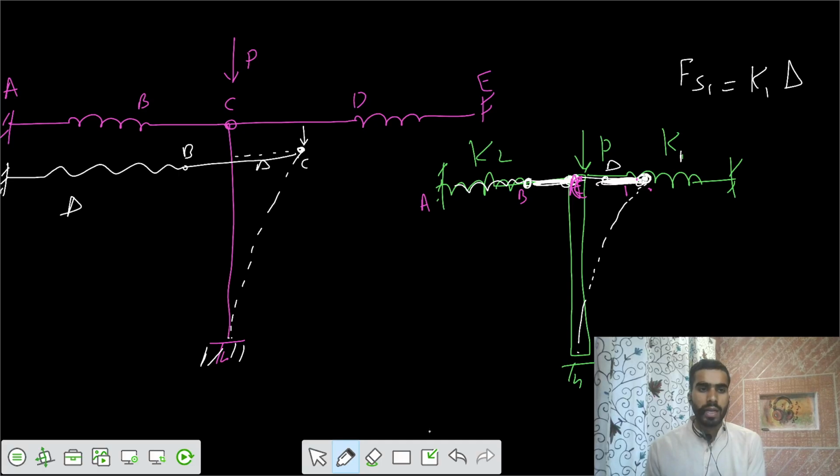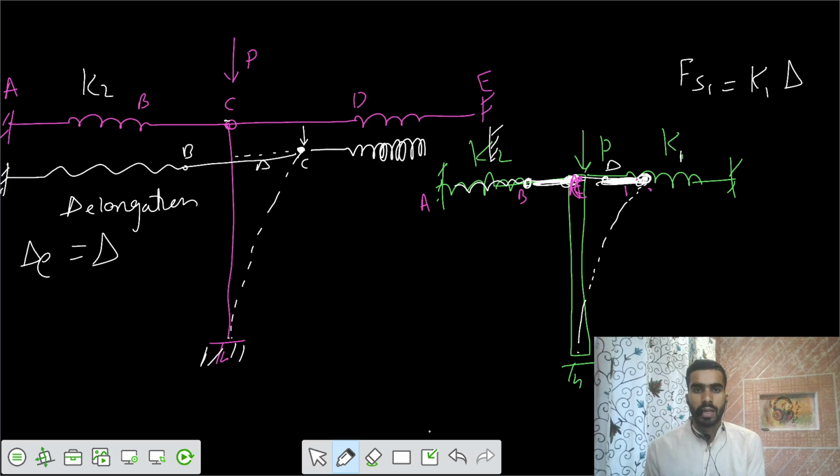That means there is delta elongation in the spring K2, in spring 2, total elongation equals delta. And from this side, if point C has reached here, point E is already there, it won't go anywhere. So in this part there is a compression of that spring, and finally there is delta compression in the spring, equal to delta.